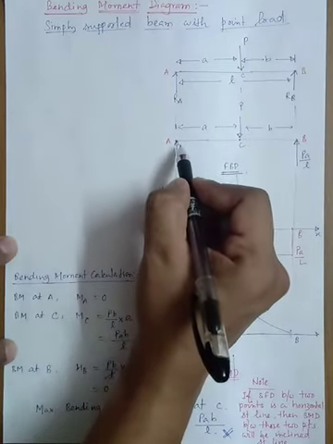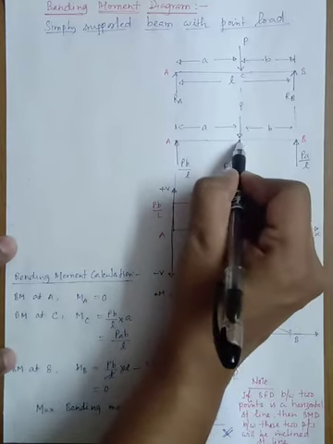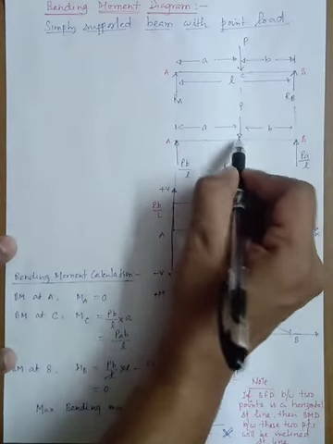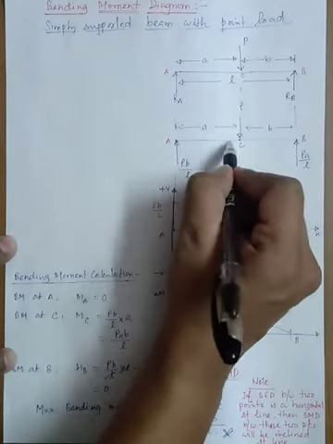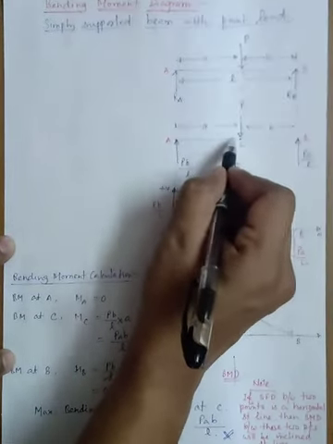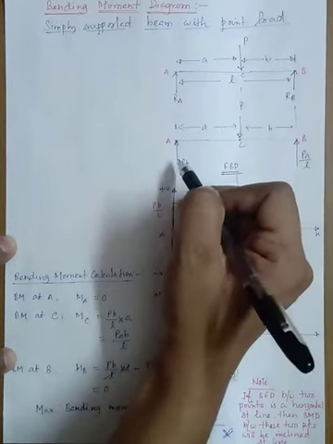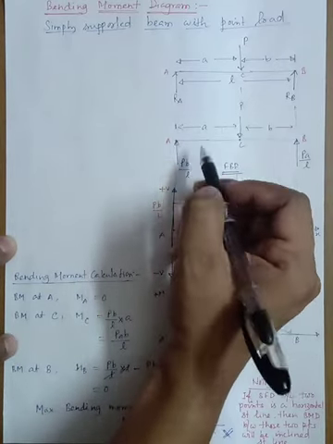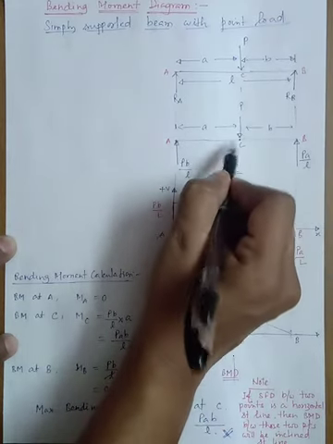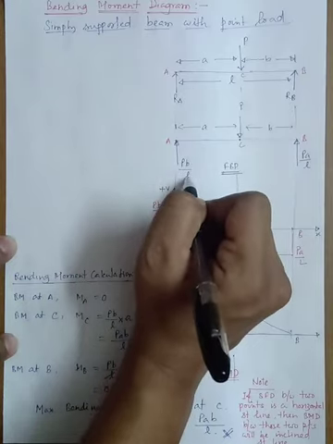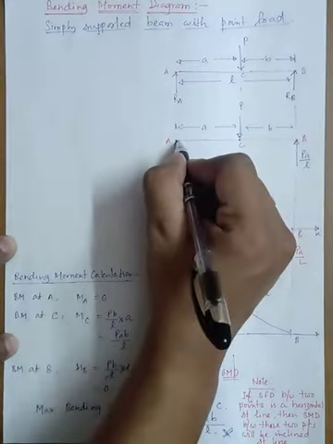Then the next point is point C. At point C, the bending moment will be how much? There is one upward force Pb/L and the distance is a. Force into distance will give you the bending moment. So for this force Pb/L, the distance is small a, multiplied by the distance.